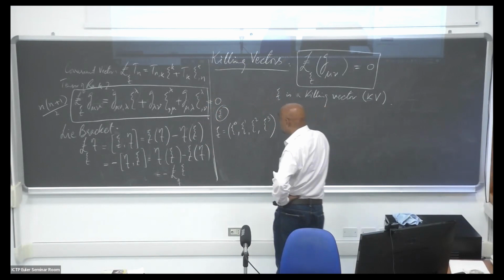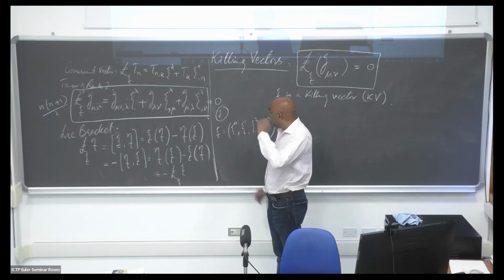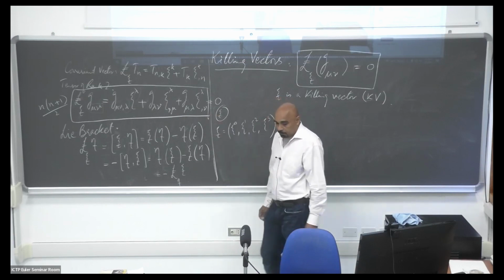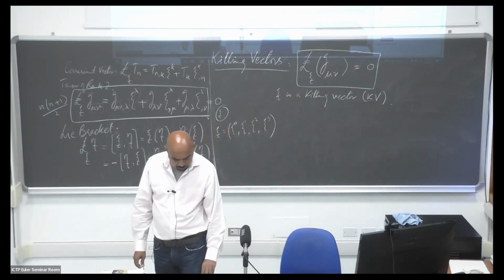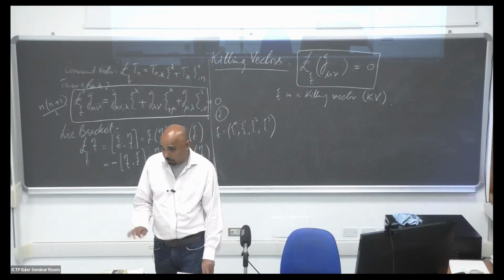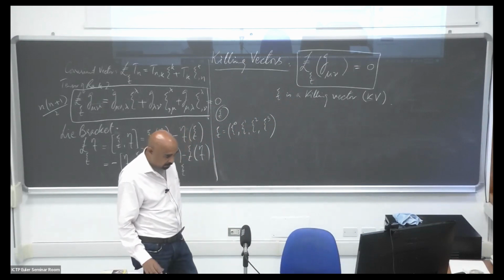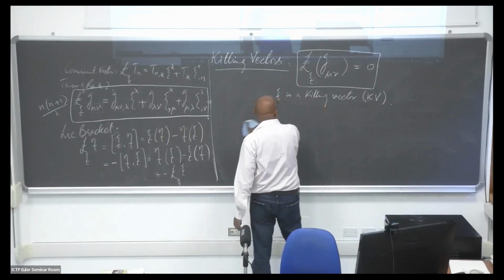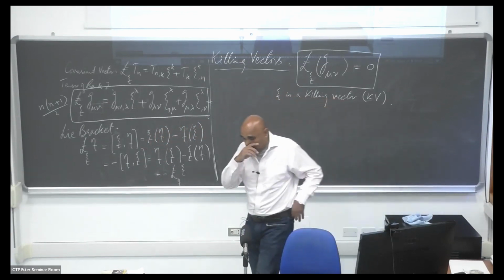So even if it's diagonal, there will be four components of the metric tensor and four components of this vector, and we need to extract these from this equation. It's not easy, but I would like to do at least one very simple example, so that we know what we actually do, how we calculate these components, extract Killing vectors, and see what the generators are.